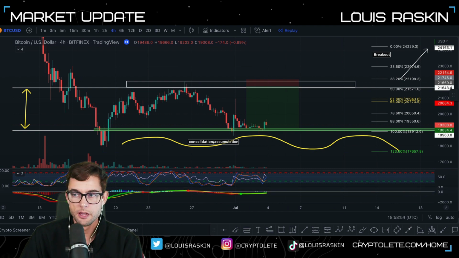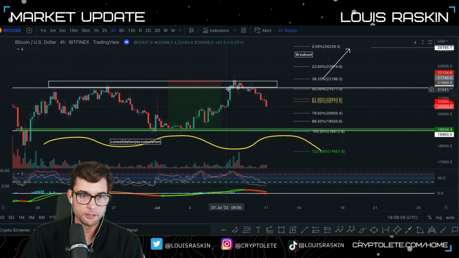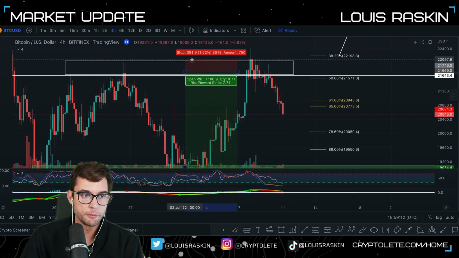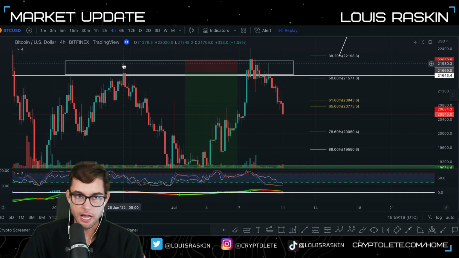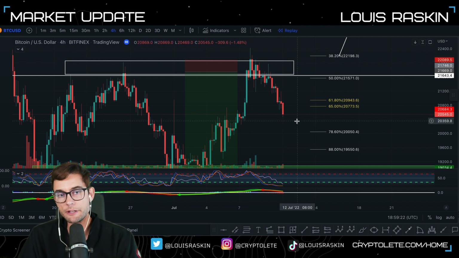And then if we press the play button, you can see they got in, or maybe they got in right here. But then this happens and it closes above their stop, or let's just say that their stop was here because this was the top. So it closes up here on the 4-hour and then reverses.